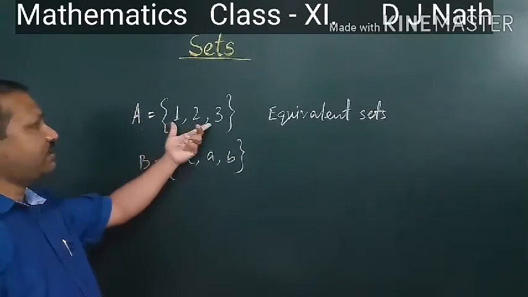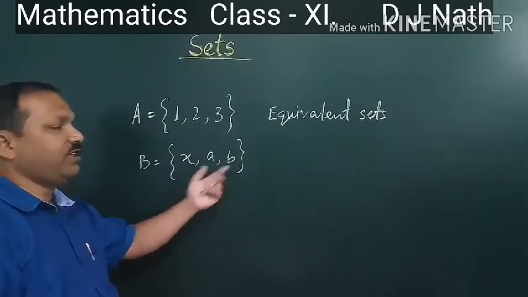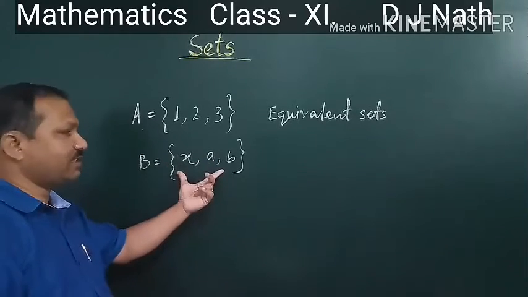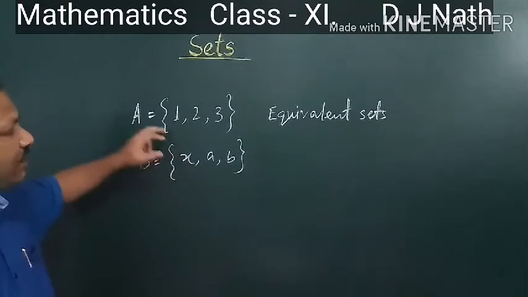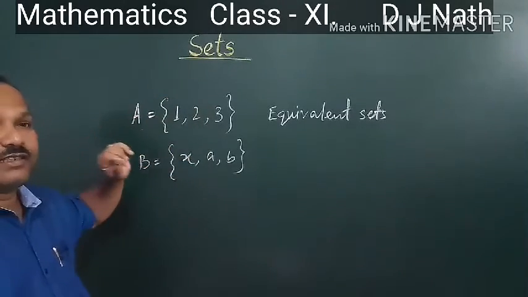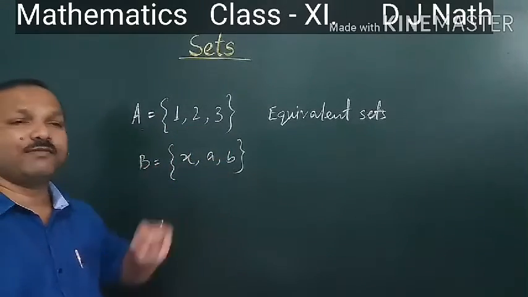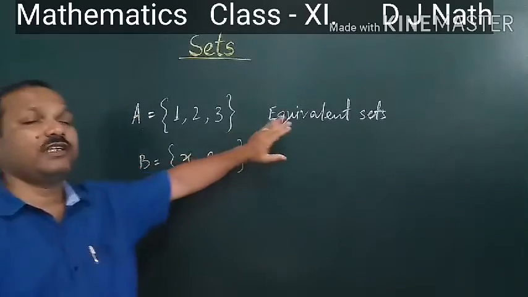Here A is 1, 2, 3, B is x, a, b. Numbers also can be given, letters also can be given, no problem. Here number of elements, how many elements are there in this set? There are 3 elements. Here also there are 3 elements. Then these types of sets are called equivalent sets.